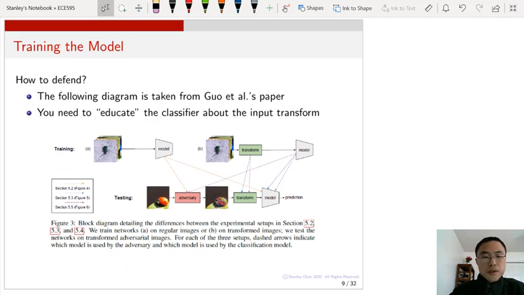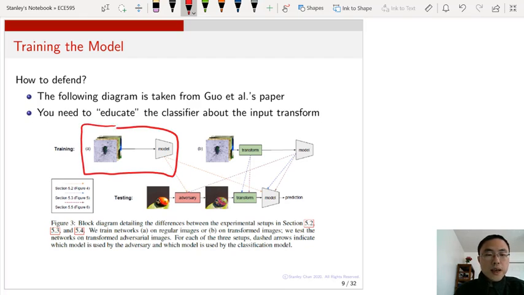And so a lot of these adversarial attack patterns will be gone. In the same paper, the author talks about how you are going to train your deep neural network in order to handle these kinds of input transformations. So they say that you need to educate your classifier about the input transform. Here are 2 types of training procedures that you can find. The first type of procedure is called a baseline vanilla training procedure, which says that you only give me all these clean data points, and then I'm going to train a model and classify.